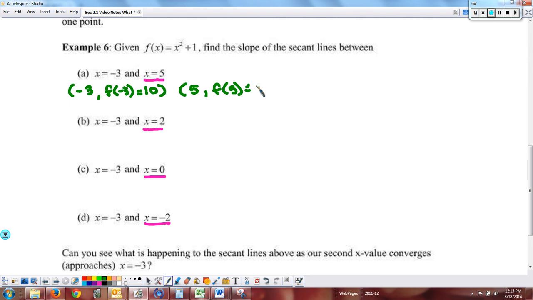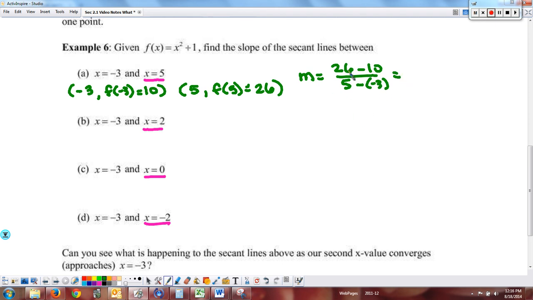Plug your 5 in and you get 26. So we know we're calculating the slope of the secant line by using our difference quotient, our change in y, 26 minus 10, over our change in x, which is 5 minus -3, and we calculate our slope.